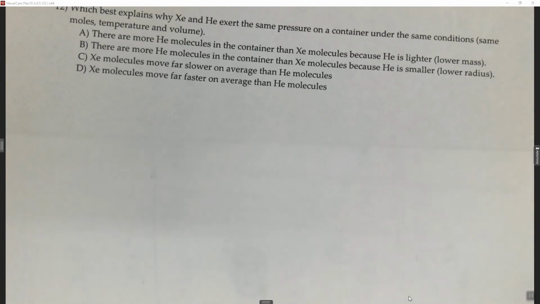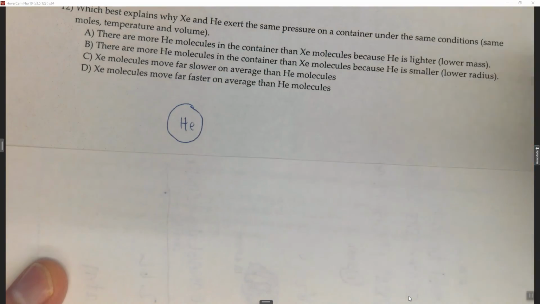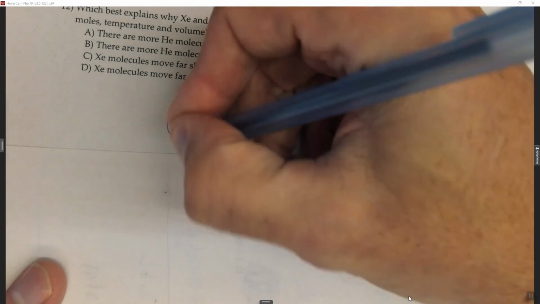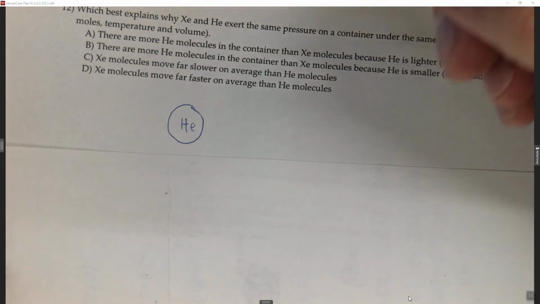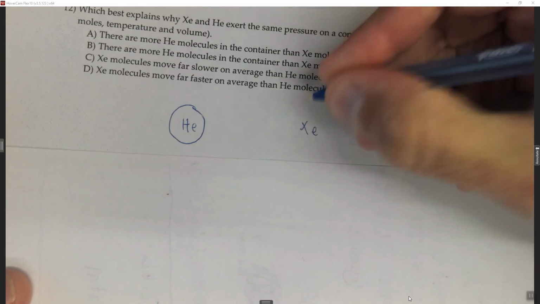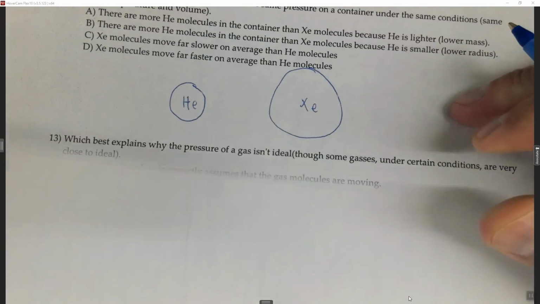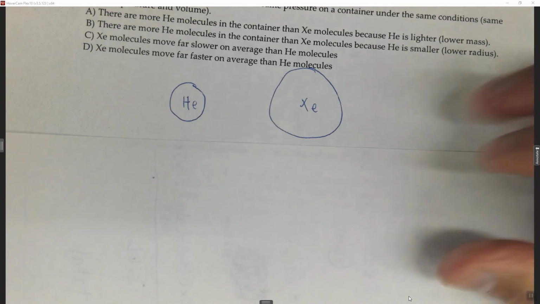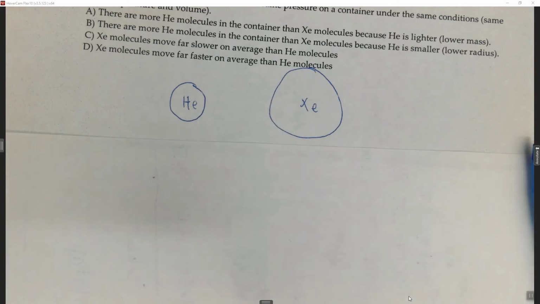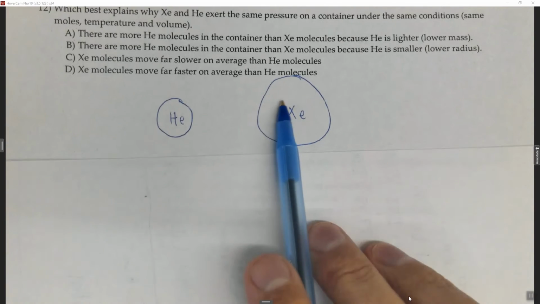So if you look at this, all right, relatively speaking, helium is this big and has a mass that's around 4. And xenon, relatively speaking, is much larger. I'm not sure that that's the right proportionality, but that's okay, and has a much higher molar mass that I don't happen to know off the top of my head, but it's much larger and much more massive.